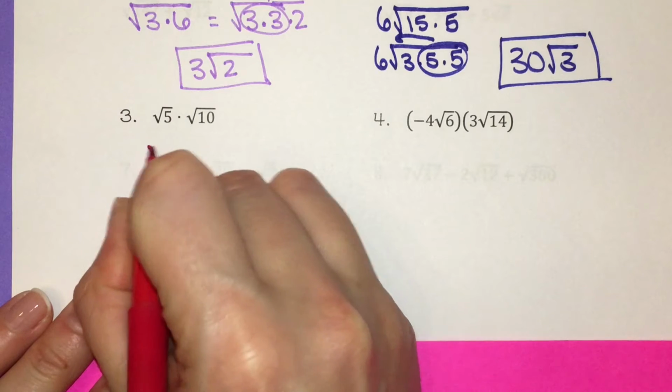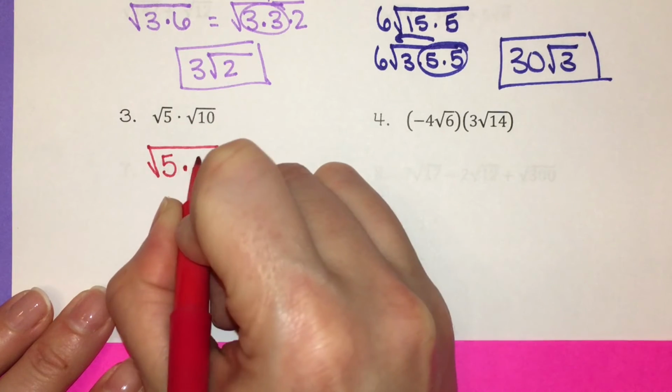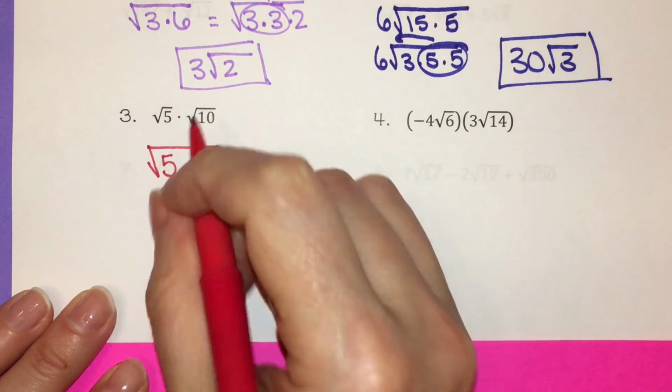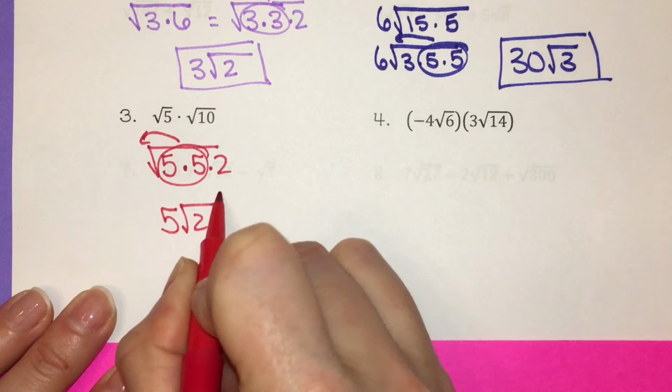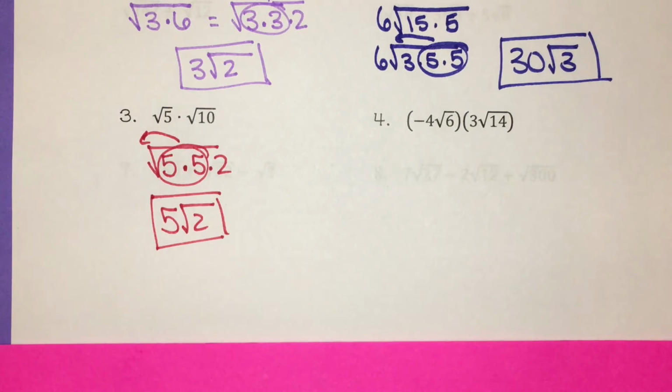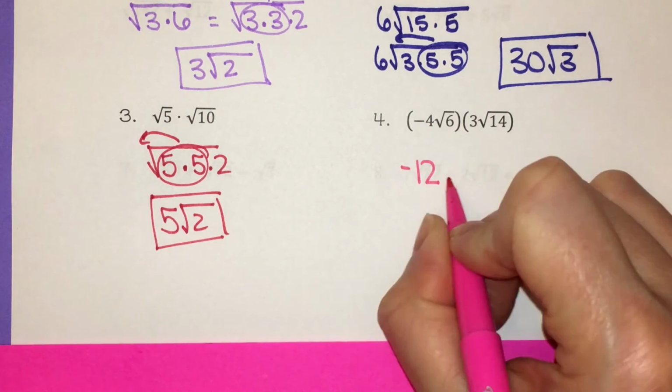All right, so this one's a square root of 5. I'm going to break this down. 10 breaks down to 5 times 2, meaning we can bring a 5 out. You have 5 square roots of 2. And then we have -4 times 3 is -12.